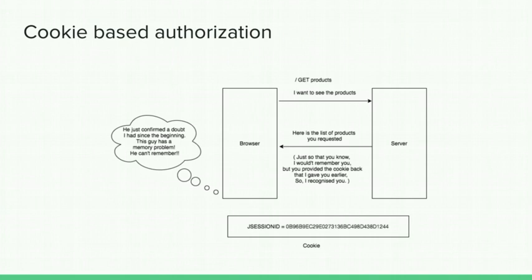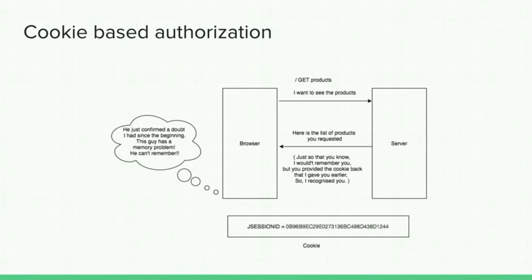The question is, why do we need even these mechanisms like a cookie or a token like JWT? The answer is the browser or a client and the server speaks a common language, which is HTTP protocol. This HTTP protocol is stateless, means it does not remember anything. So it is client's responsibility, and when I say client, it can be a browser, it can be a mobile app, it can be anything else.